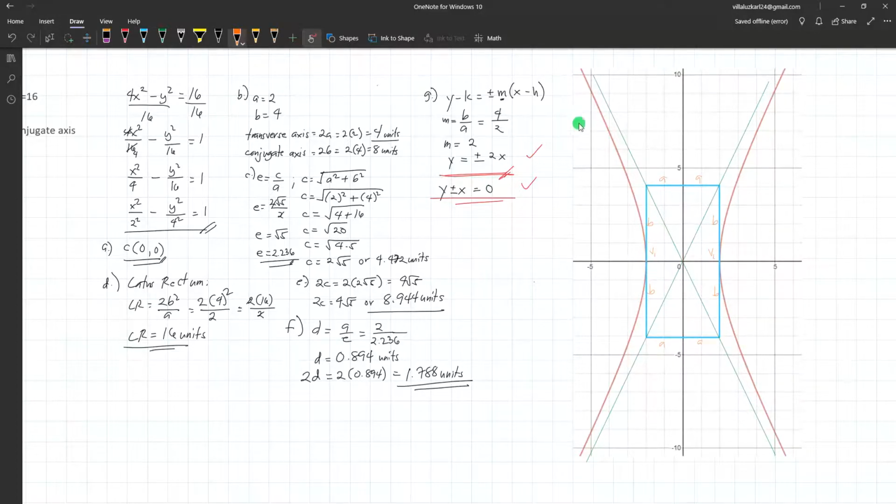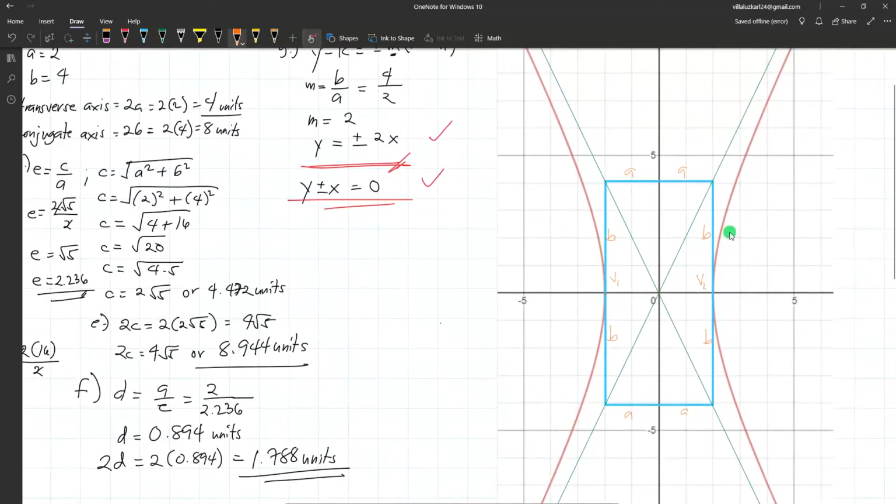Next, for the location of the foci, it shall be measured from the center. So let's put the location here of your foci. C is 4.472. So from the center of the hyperbola, we will measure 4.472.